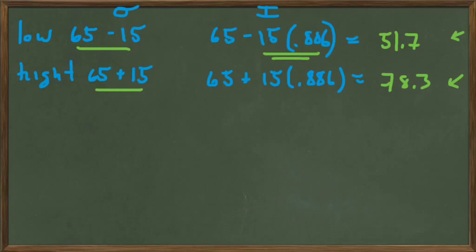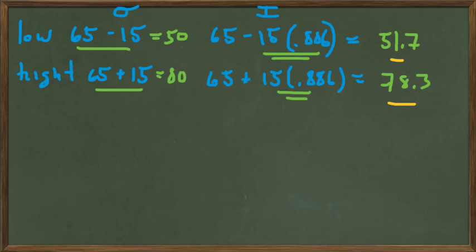so the low inside is only 51.7, it doesn't go all the way down to 50, and for the high inside, we add 15 times the 0.886 to the 65, so it doesn't go quite all the way up to 80. It only goes to 78.3.